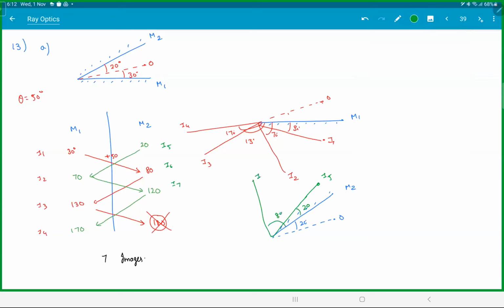This is 80. Something like this, 120. Okay. Let's see one more like this. So basically, it is useful to look at the position of the images also. But if they just want the number of images, this is too lengthy a method, a waste of time.